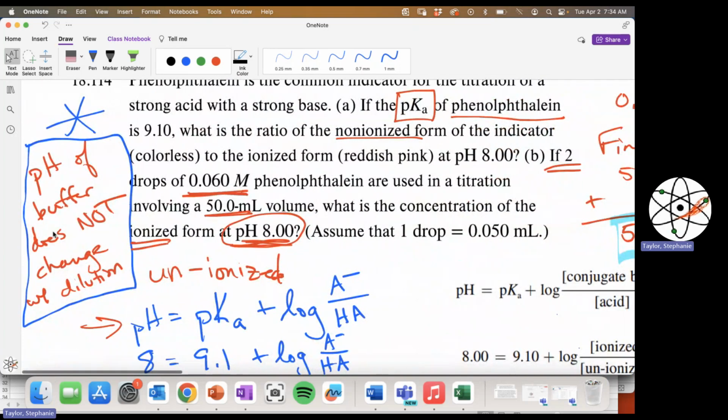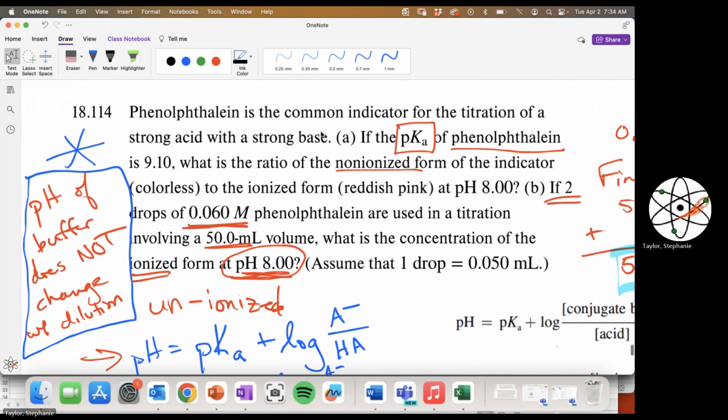I would just worry about part A, which was really lovely, by the way. Part A was great, solving for the ratio. I thought part A was lovely, and I also thought that the pH of the buffer not changing with dilution was also lovely. The math in part B I did not find to be lovely, and that's my opinion.